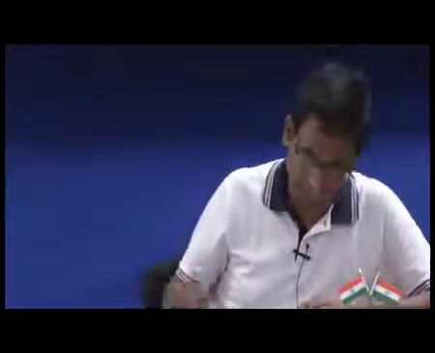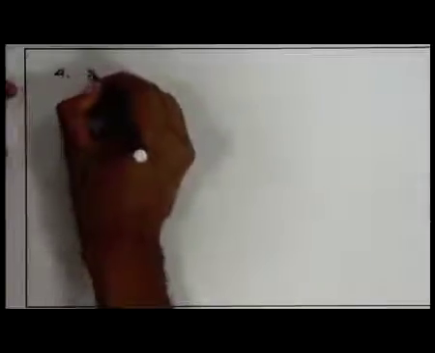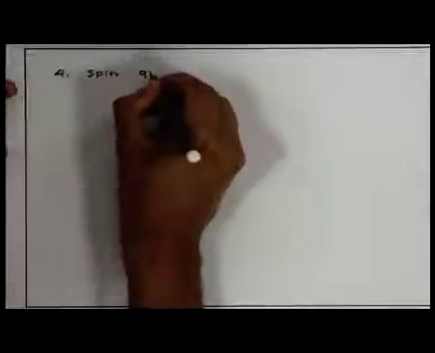So, together with n, L, and m, when spin quantum number comes into play, we can uniquely identify a particular electron. This is what we are going to do next, the spin quantum number.